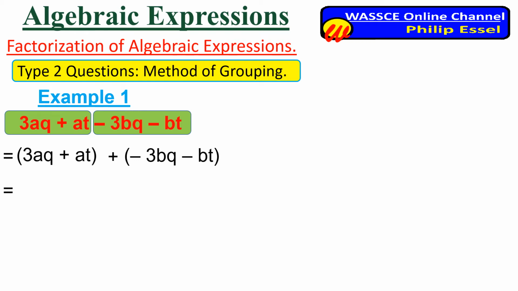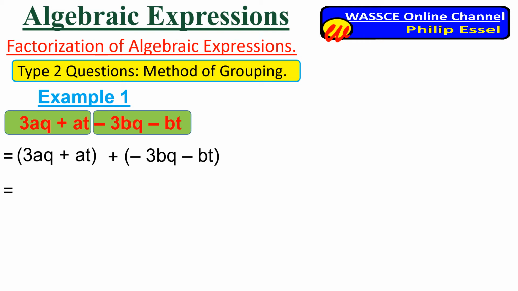Now let's factorize the items in the first group. When you pay attention to this group carefully, you realize that the item a is the common factor. So let's put a outside of the bracket and leave the other items within the bracket.